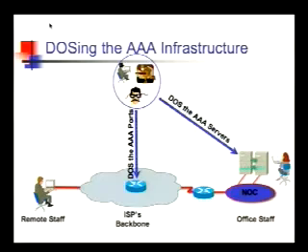Protecting the AAA infrastructure from being DOSed is really important as well. Can somebody tell me why an attacker might want to DOS AAA infrastructure? Anyone? Well, one reason is that besides having a AAA infrastructure, a lot of people go ahead and put in a local account on a router, on a switch, so that they can log in if the AAA infrastructure is down.